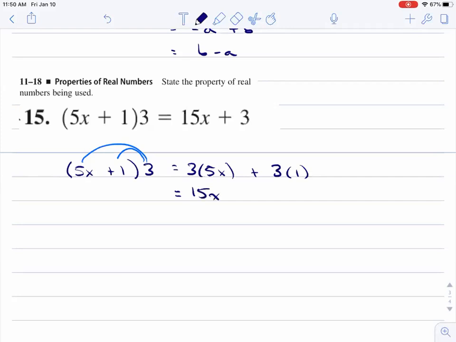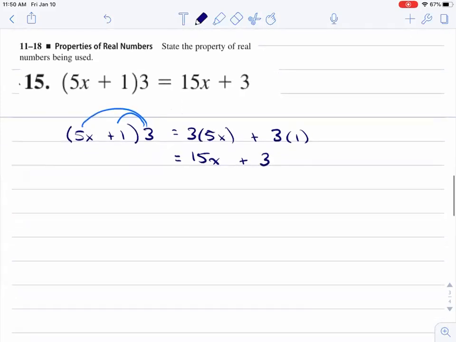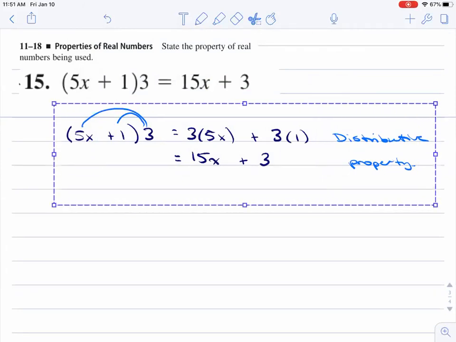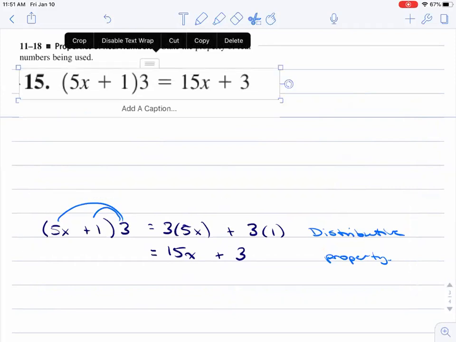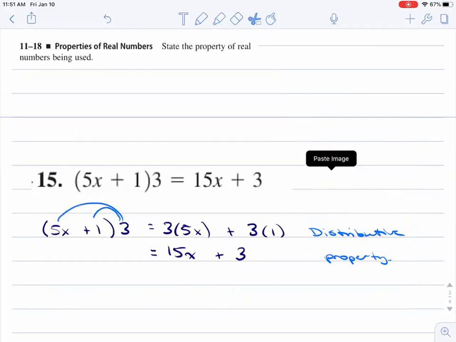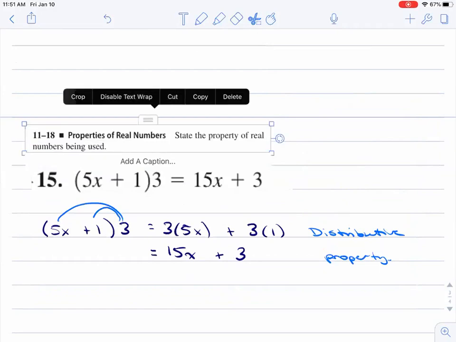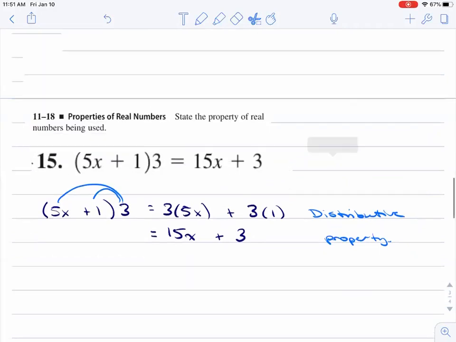So we get 15x plus 3 times 1 is 3. And so this, we said, was the distributive property. And because there's a page break here, I'll move this down.